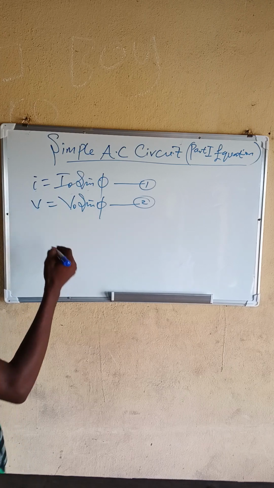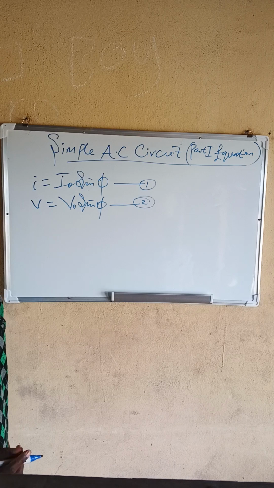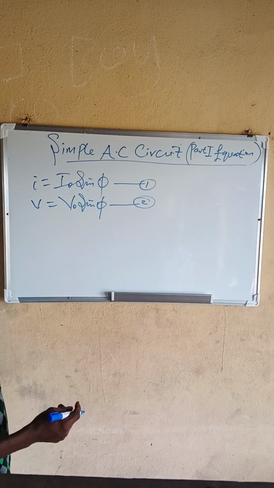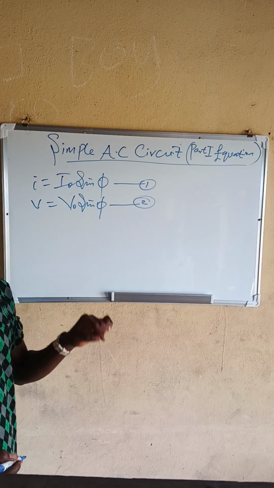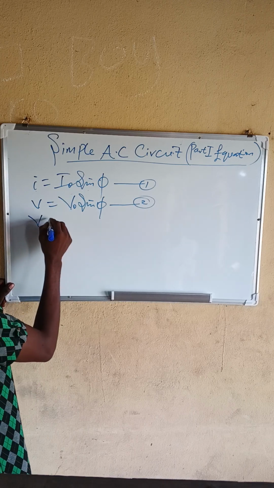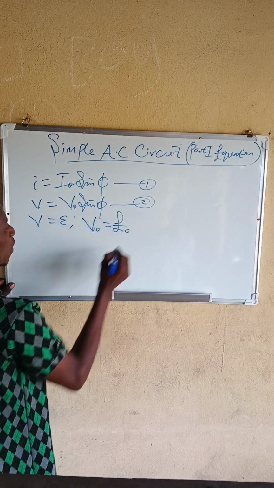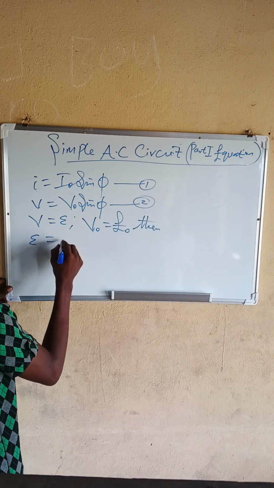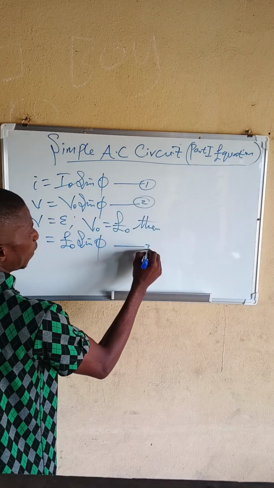This V here means instantaneous voltage, and V naught means peak or maximum voltage. This phi here also means phase angle. But you notice that alternating voltage corresponds to electromotive force or potential difference, in the sense that V is equal to this, V naught is equal to this, then E is equal to E naught sine phi.